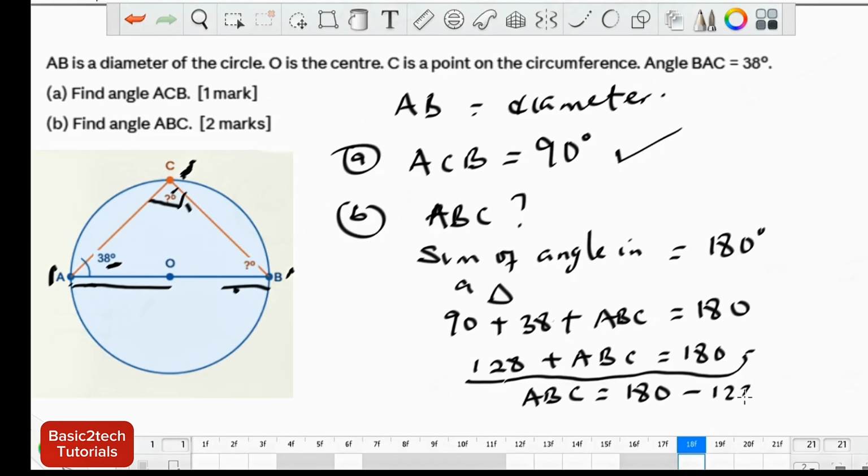So therefore, 180 minus 128 will give us 52 degrees. So it means that angle ABC is 52 degrees.